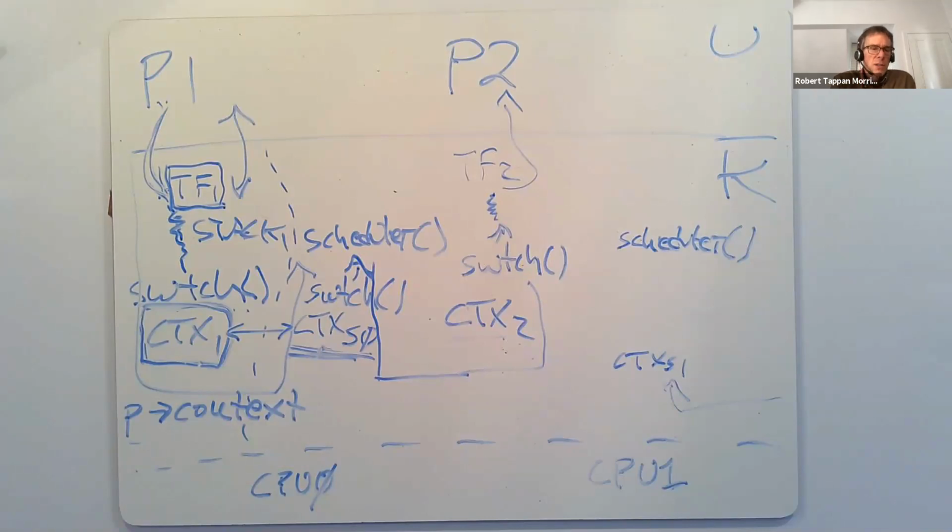Okay, question: is yield something that's called by the user or the kernel? It's called by the kernel. There's not really a direct way in xv6 for user threads to yield the CPU or switch. It's done by the kernel transparently, at points in time when the kernel feels it needs to happen.